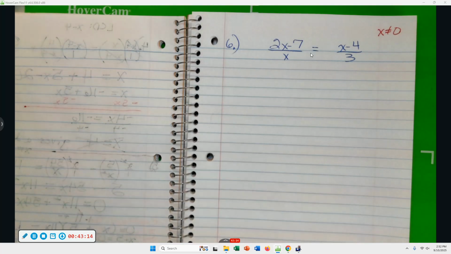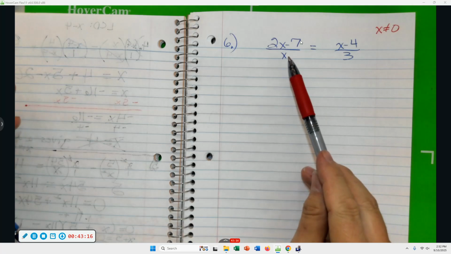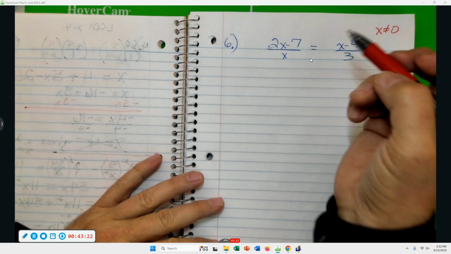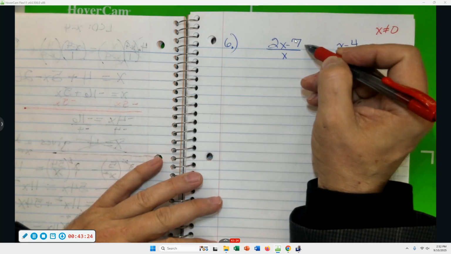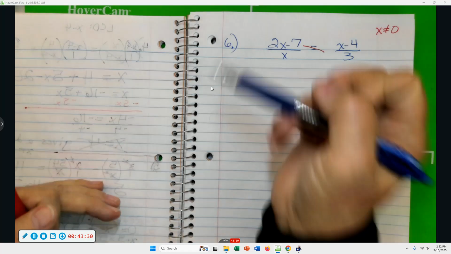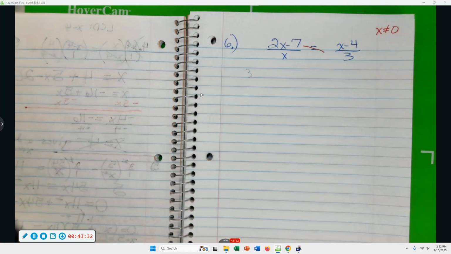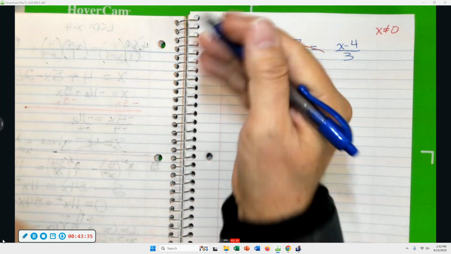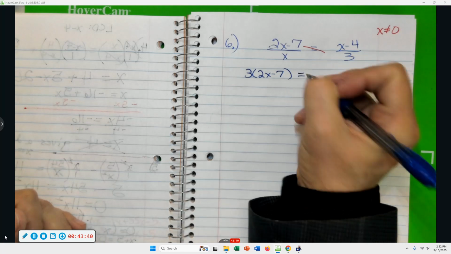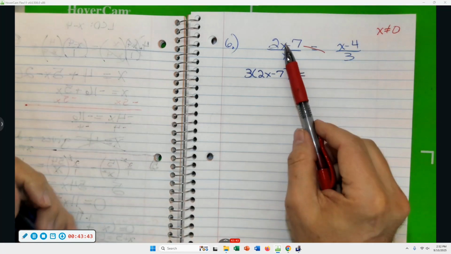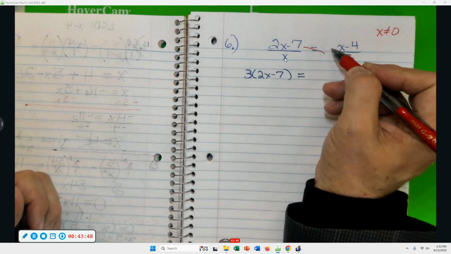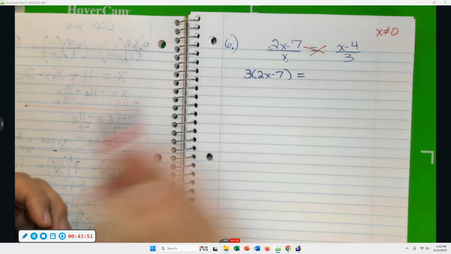Cross multiply. Now your equation has to be in the form fraction equals fraction, and that's what we have here. So what we can do is take the 2x minus 7 times 3. I'll write it like this: 3 times 2x minus 7 is equal to, now you cross again, this numerator times that denominator.